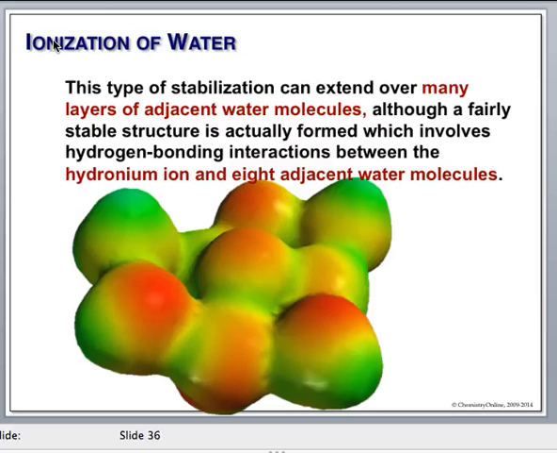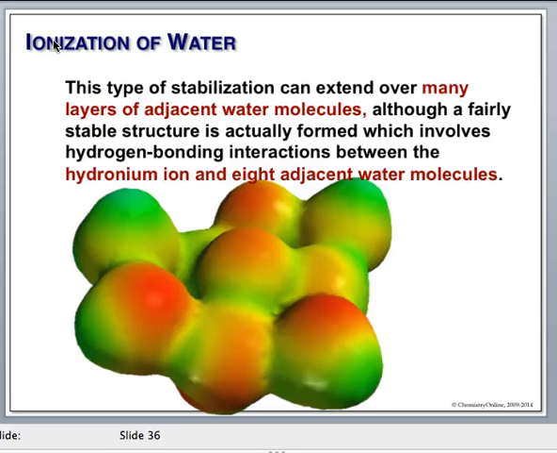All right. Let's just sit back and appreciate what happened a little bit more. When we transfer this proton, if you think about it, we broke a covalent bond, didn't we? So water is so good at stabilizing these ions that it's actually okay just to break a covalent bond.